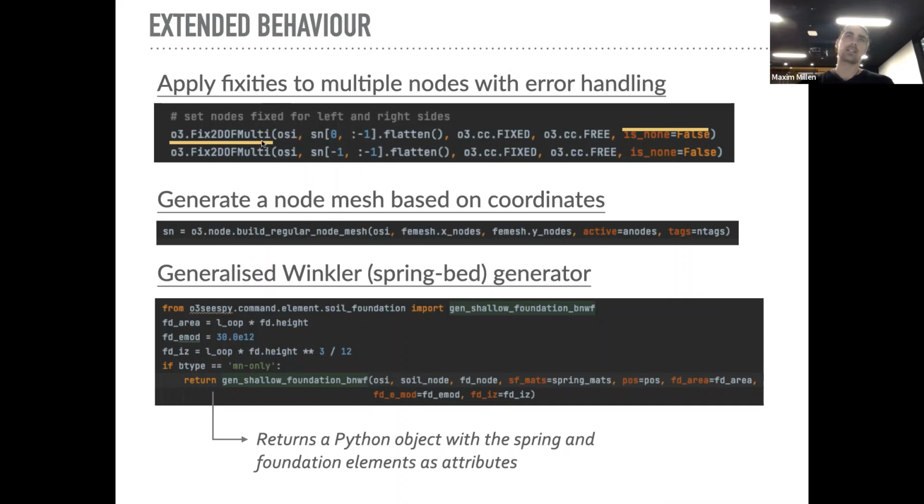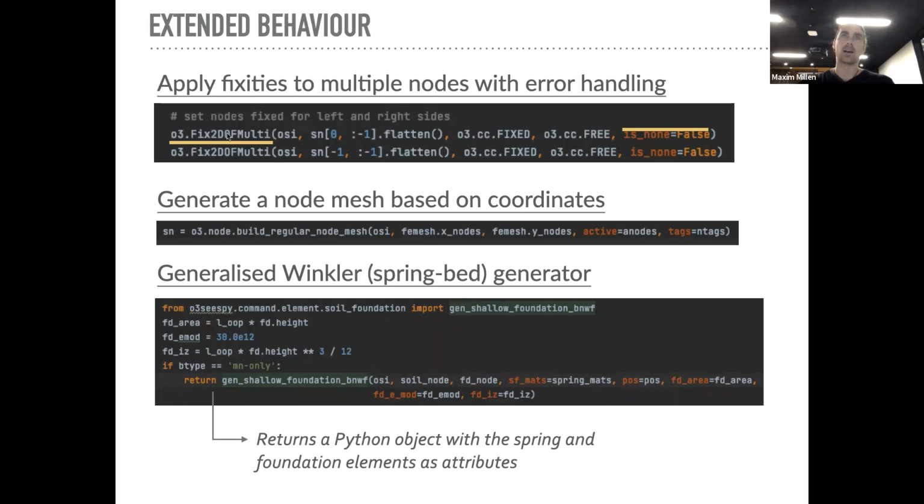Again, this is just extending the features. Particularly in a soil finite element problem, you might want to fix a whole lot of nodes, like all of the left-hand side of the mesh, or set equal degrees of freedom across both ends of the mesh, or in a structural problem you might want to fix all of the base nodes.